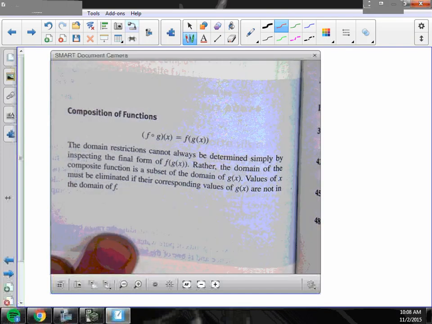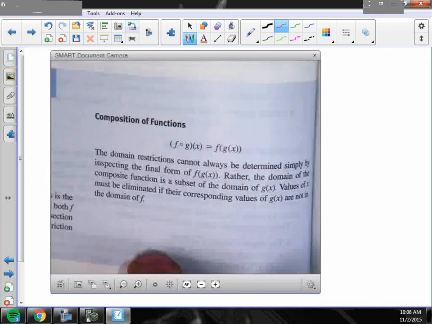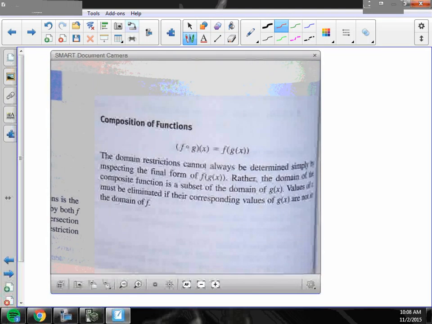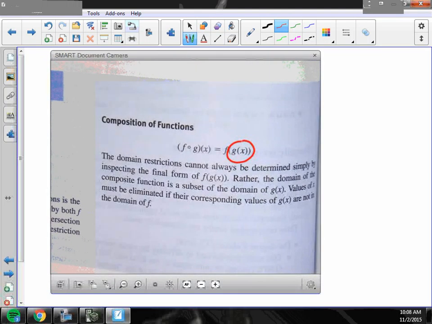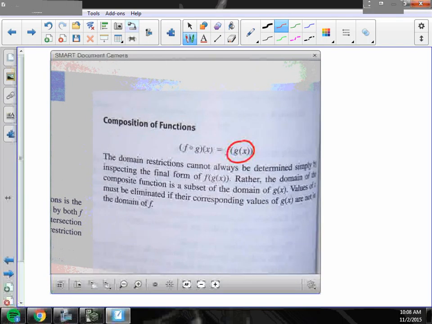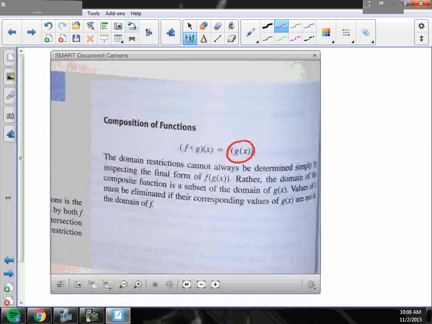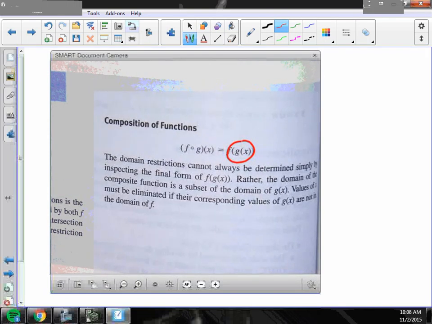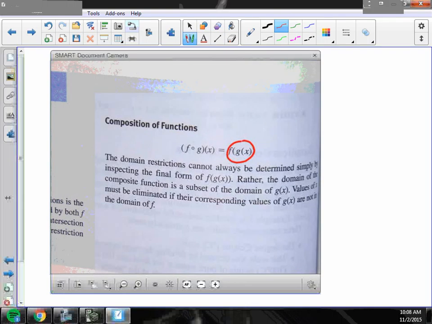Rather, the domain of the composite function is a subset of the domain of g of x. What that means is, since we started with g of x, that is as big as the domain could be. So if g of x had a restricted domain, that restriction is going to follow it through, but the domain of f can further restrict the domain.